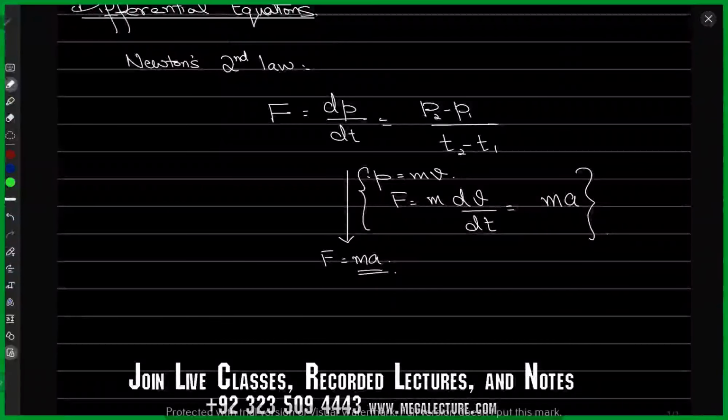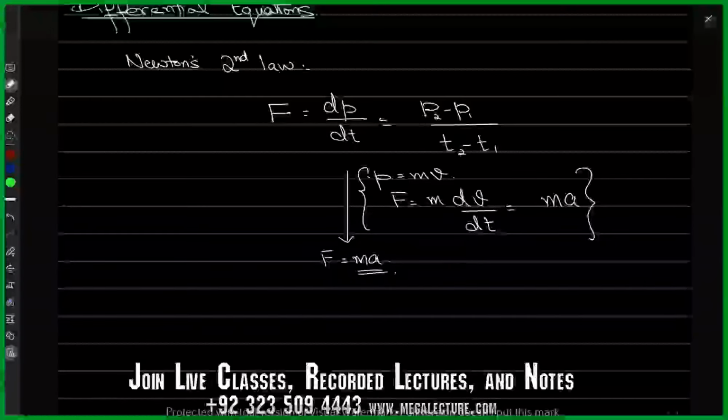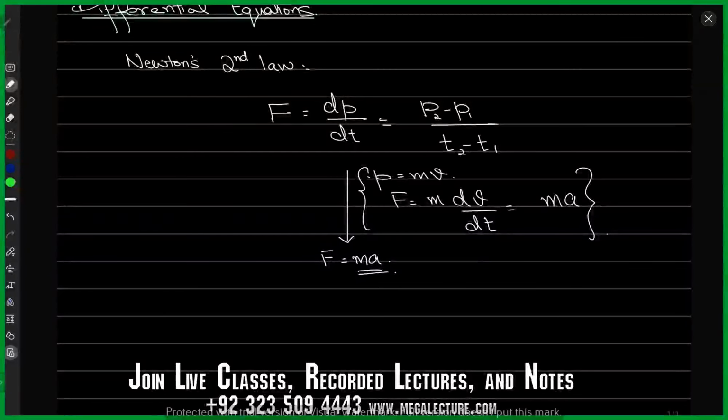Now, my goal here is to tell you that all of this thing that we have been doing is a differential equation, really. F equals ma is a differential equation. It is also known as the equation of motion for a system.